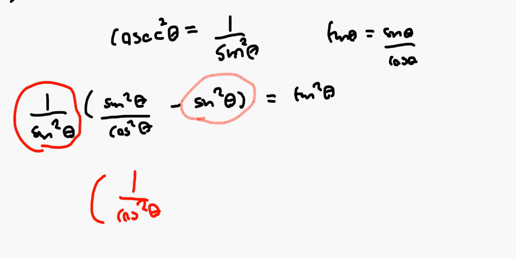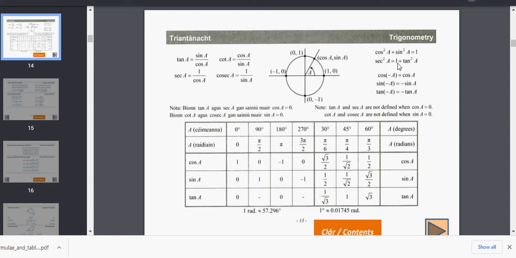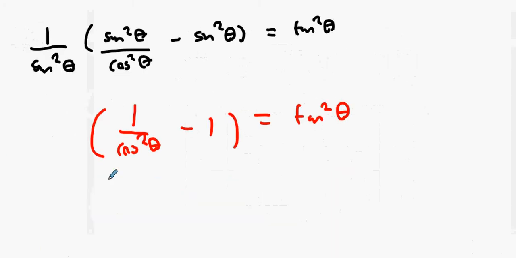Now, I'm looking at the other side and going, how do I get tan squared theta from here? If I go back to my tables, I see sec squared A equals 1 plus tan squared A. So in this case, 1 over cos squared theta is actually sec squared theta.